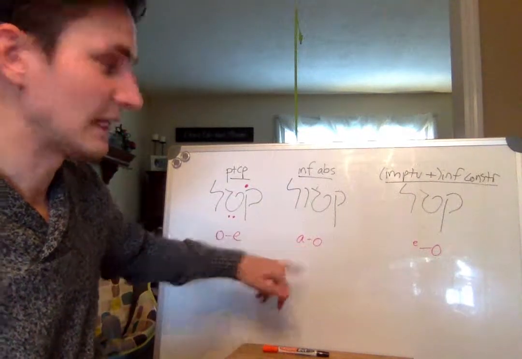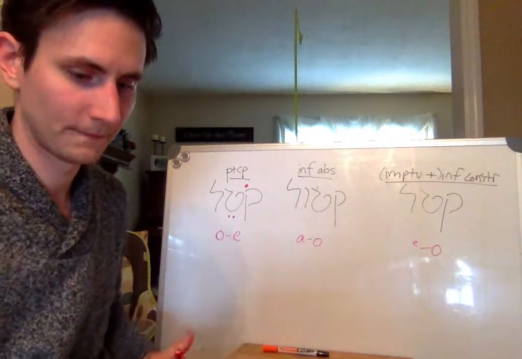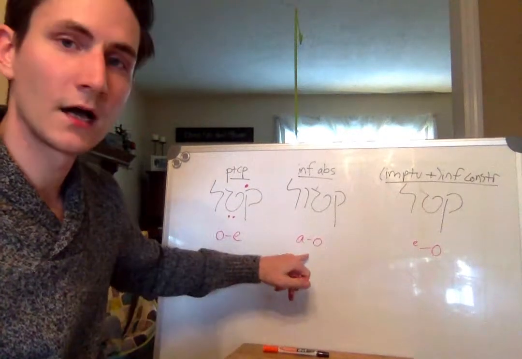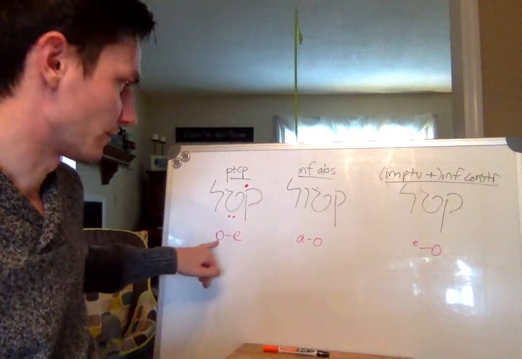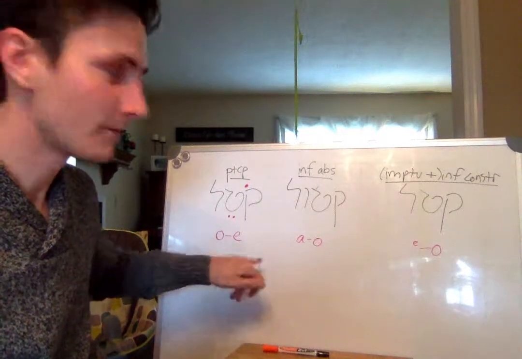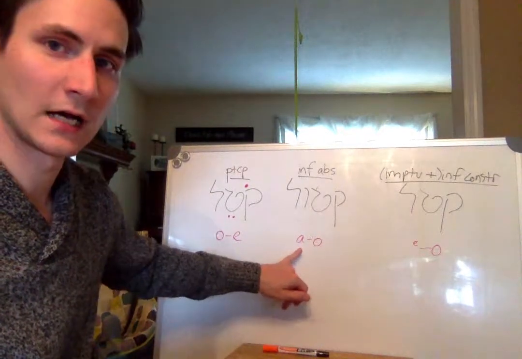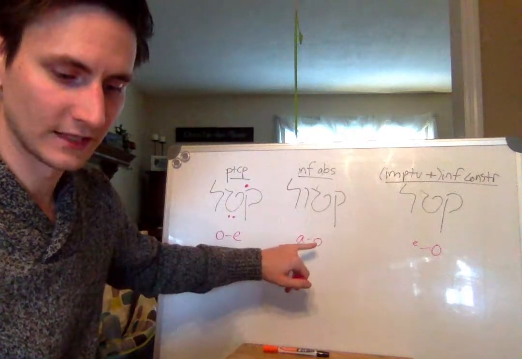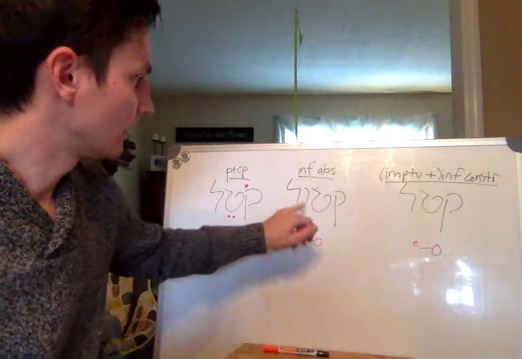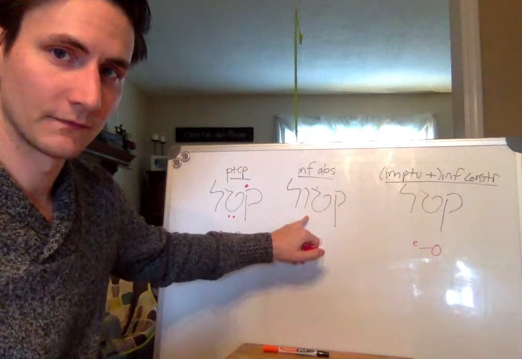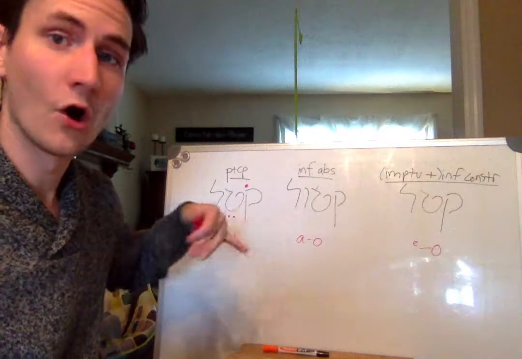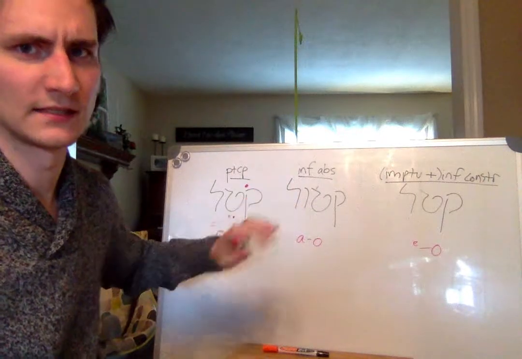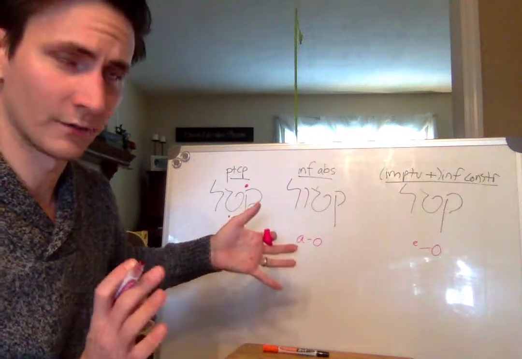The clue for the infinitive absolute is A-O. So for the participle, it's O-A. For the infinitive absolute, it's A-O. And the extra clue for the infinitive absolute is that most of the time, there is a mater letter here. You're not going to see that kind of extra piece almost anywhere.